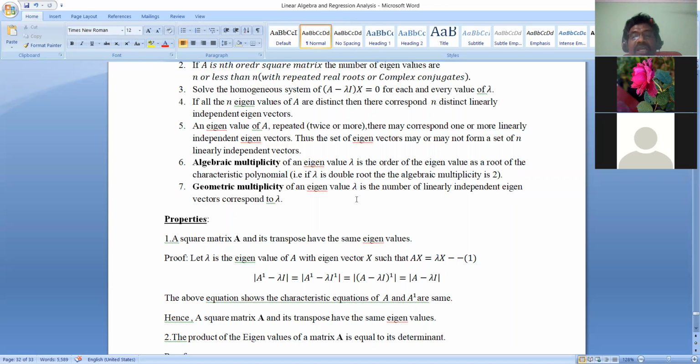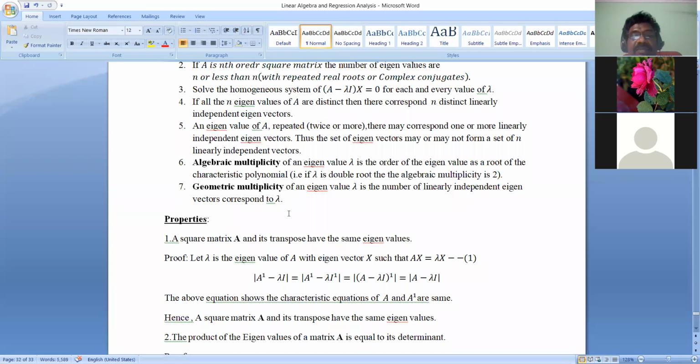Suppose, for example, corresponding to lambda, we have 2 different vectors. Those are linearly independent vectors corresponding to the same value. Then the geometric multiplicity of this lambda is 2. If 3 different vectors are linearly independent, then the geometric multiplicity of the given eigenvalue lambda is 3.